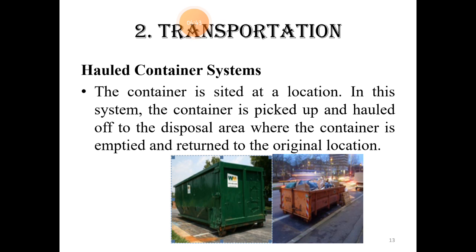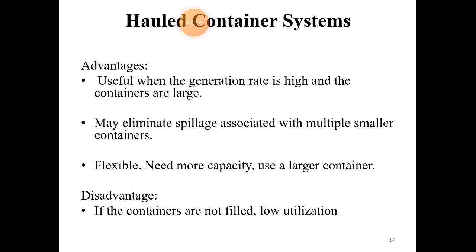Transportation includes the hauler container system. In this system, the container with the garbage is picked up and hauled off to the disposal area where the container is emptied. Later, it is returned back to the original location. Here is the picture that shows the hauler container system, where the waste is thrown out to the disposal area and the empty container is kept back in its original position.